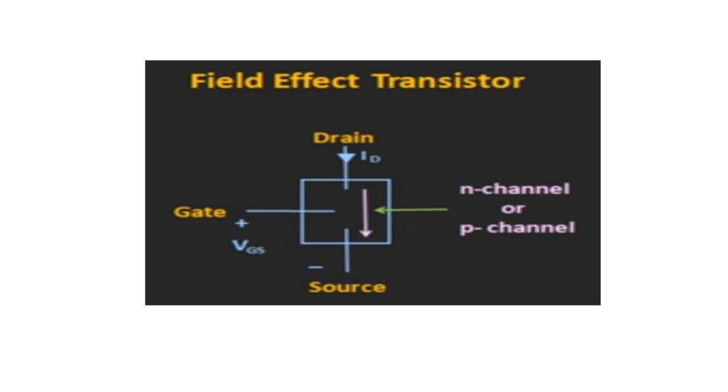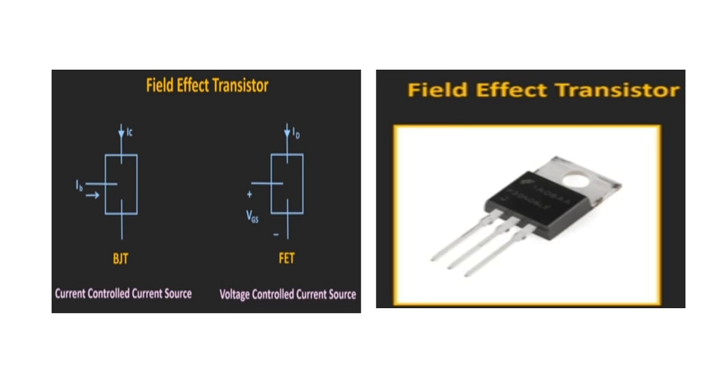Also, FET is a unipolar device, while BJT is a bipolar device. BJT relies on two types of charges, the free electrons and the holes, but the operation of FET relies on either holes or electrons.